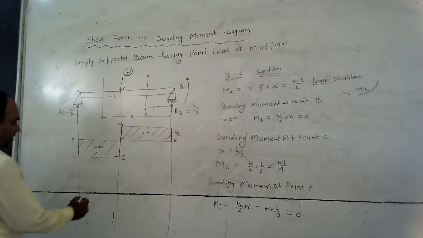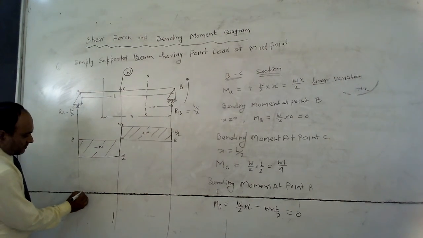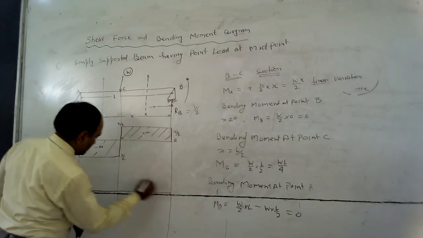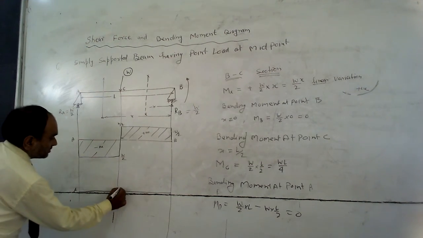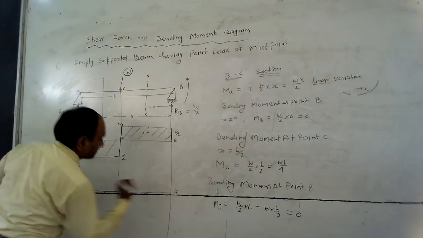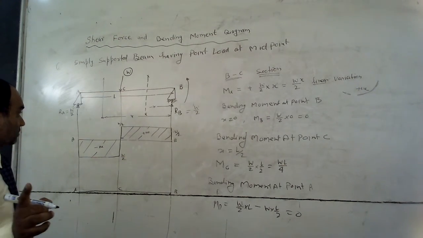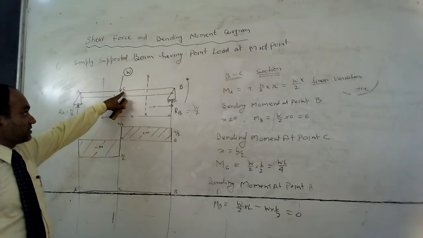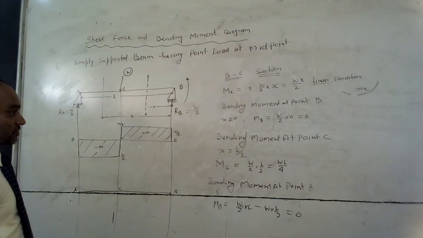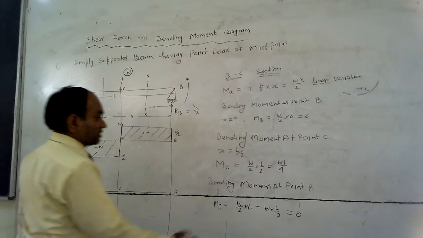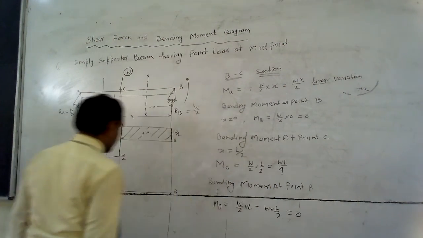Now I have to draw the shear force and bending moment diagram. Just draw the line A, C and B. The bending moment at point B is equal to 0 and the bending moment at point C is equal to WL by 4, and this bending moment is positive in nature.